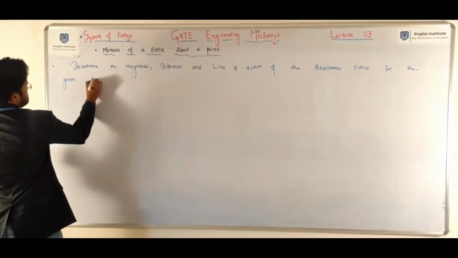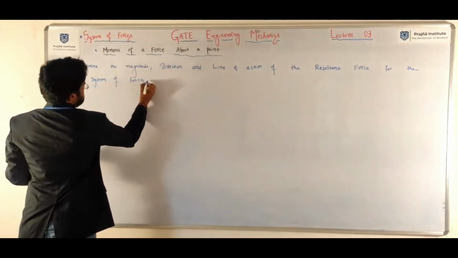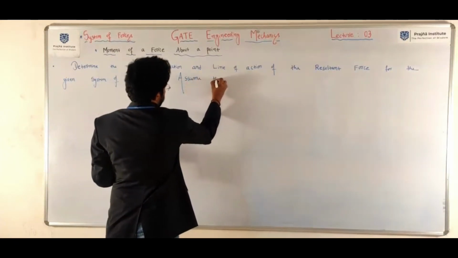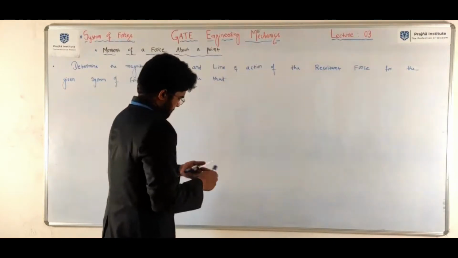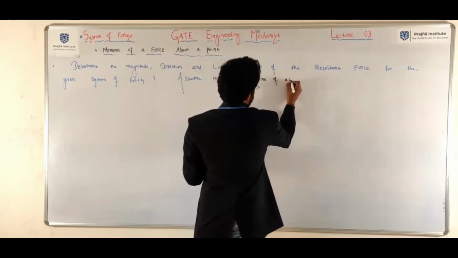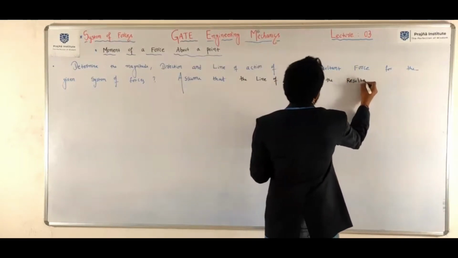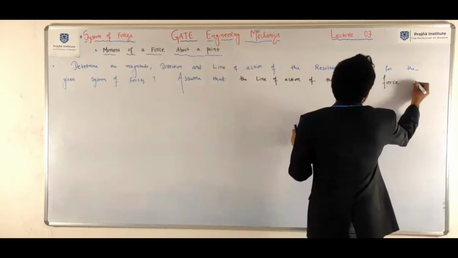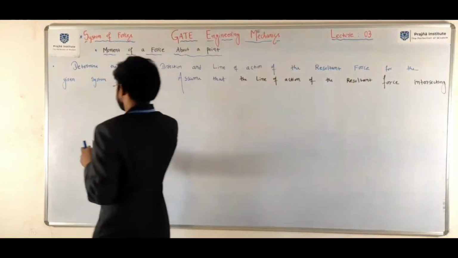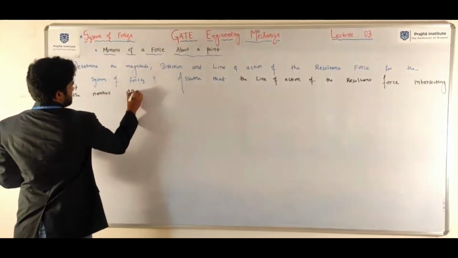For the given system of forces, assume that the line of action of the resultant force is intersecting the member AB.